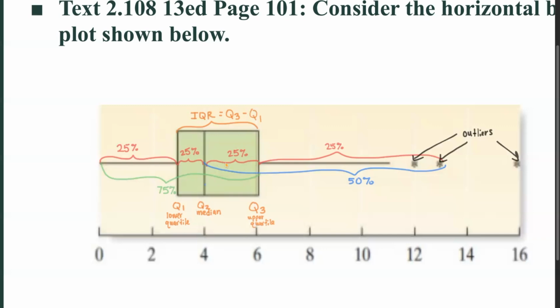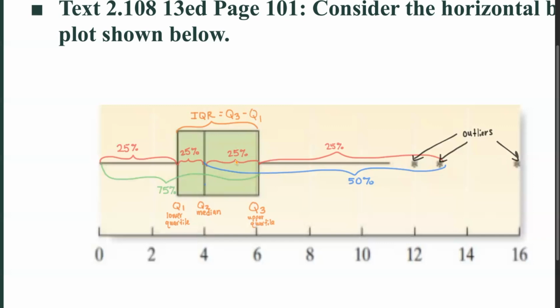We have another 25% of the data between the median and the upper quartile. And then we have our remaining 25% between the upper quartile and, oh, this line should be extended all the way to the outliers, both these lines. I missed that outlier when I was drawing these lines. But that's another 25%.